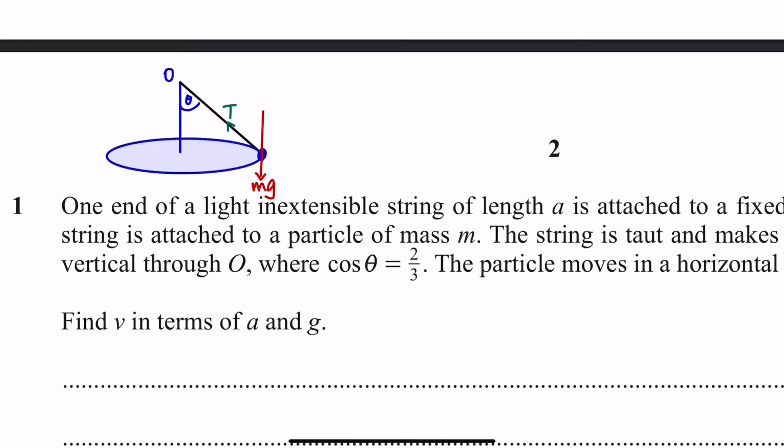For vertical, it would be in this direction. Horizontal, it would be in this direction. And we have an alternative angle here, so this would be theta as well. So the vertical component would be T cos theta, and the horizontal component would be T sin theta.